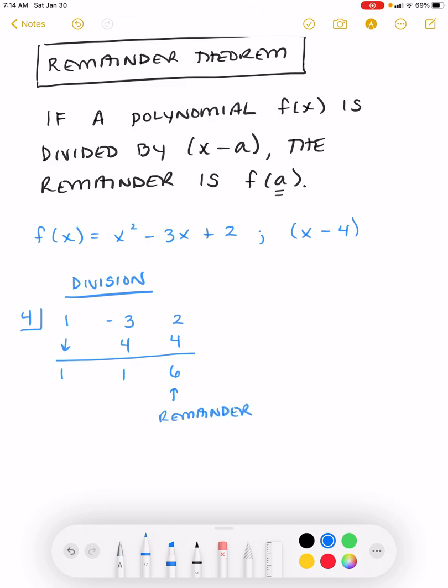And what this theorem is saying is that we could then evaluate f of 4. We can take this number right here, what's in the box, this a value, and plug that a value into the function. So what is that going to look like? Well, the function again is f of x equals x squared minus 3x plus 2.